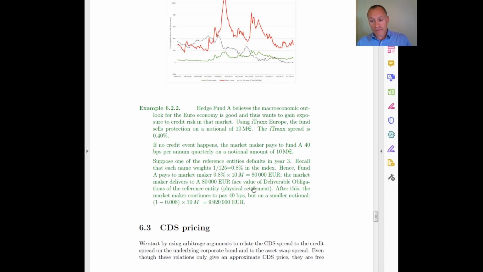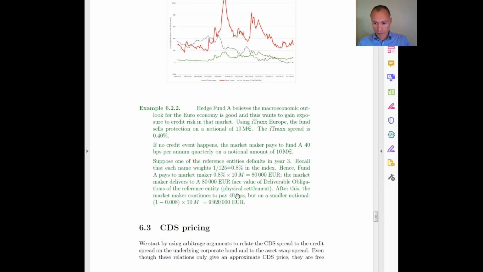So after we settle this default, we continue going forward, but now we have to adjust for the fact that one of the firms dropped out of the index because it defaulted. We still pay the fee that we agreed in the beginning, the 40 basis points, but we adjust the notional. So instead of a notional of 10 million, we have a smaller notional that subtracts the fraction represented by that firm that disappeared.